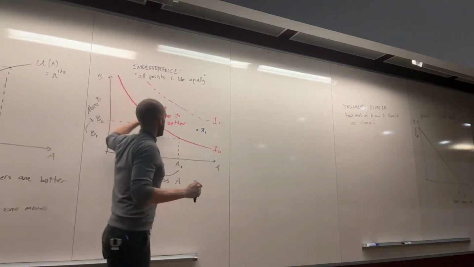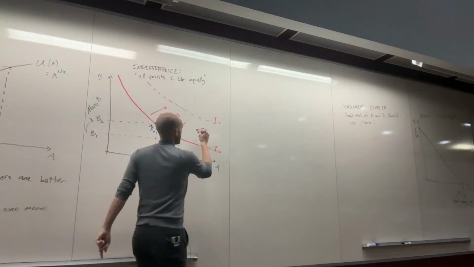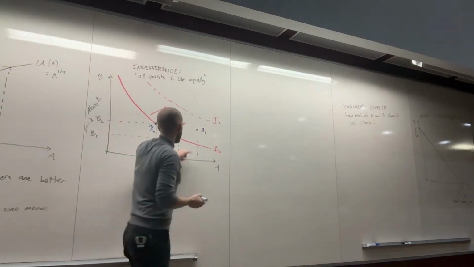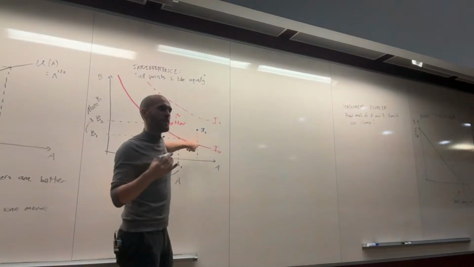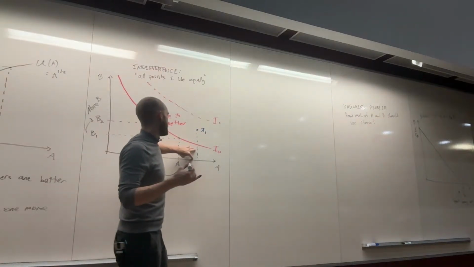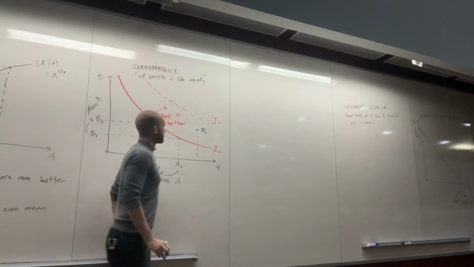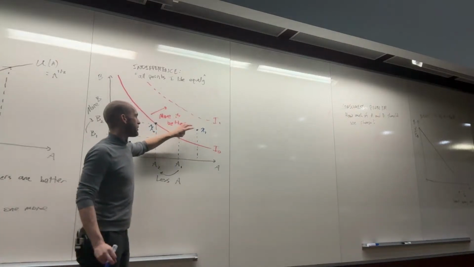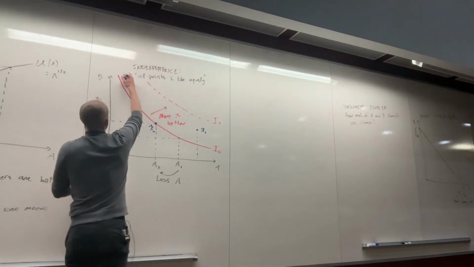x0 is equally preferred to everything on this line. And we can find that there's a point where x1 has more bananas and the same number of apples as some point like right around here. So we know we like x1 better than every point on I0, including some point up here.